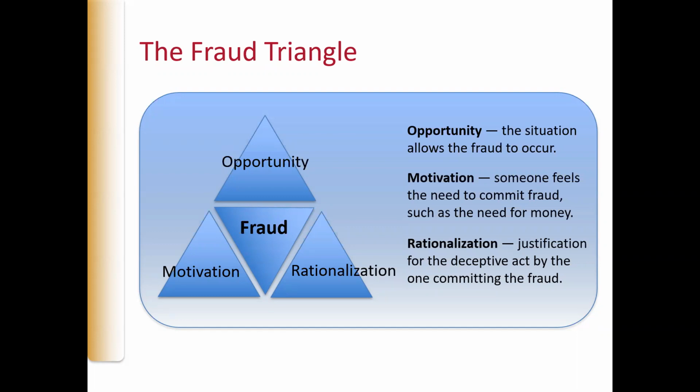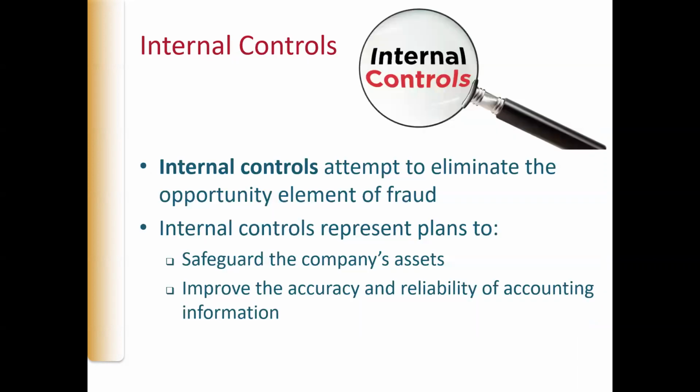Now, a company can't deal with or do anything about their motivation and rationalization. But what a company can avoid is the opportunity. So internal controls attempt to eliminate the opportunity for fraud to occur.